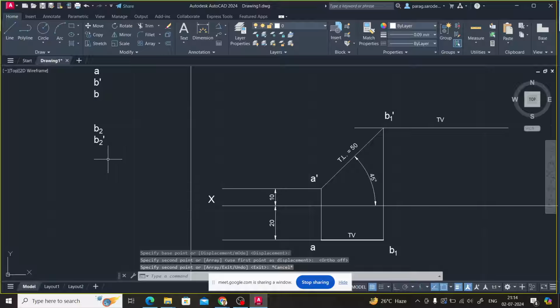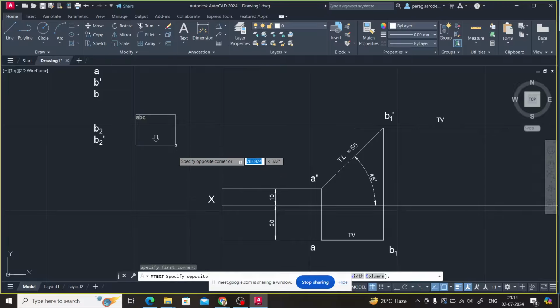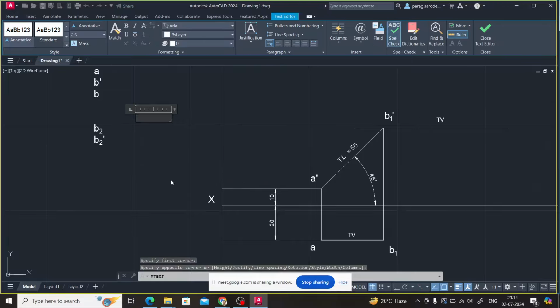While in this flow, A dash B1 dash, here I will write locus of B dash. I will show you again how to do it. I will type here locus of B dash. Similarly we also want locus of B. Increase the length of text and then make it of desired size, let us say 4.